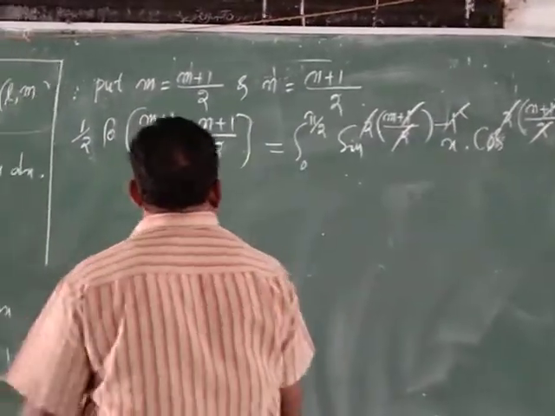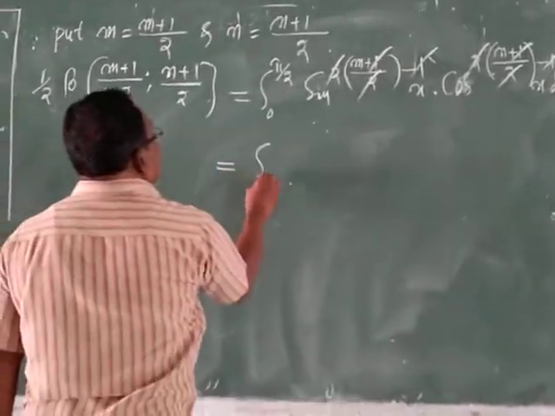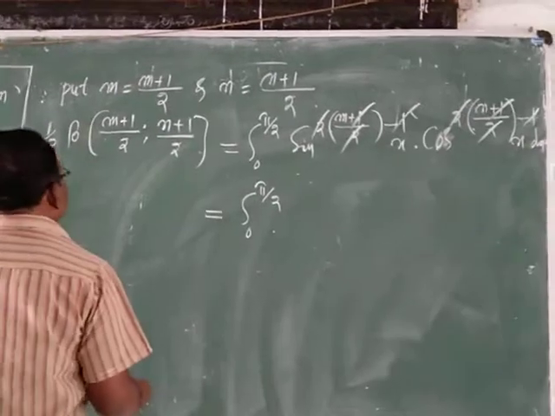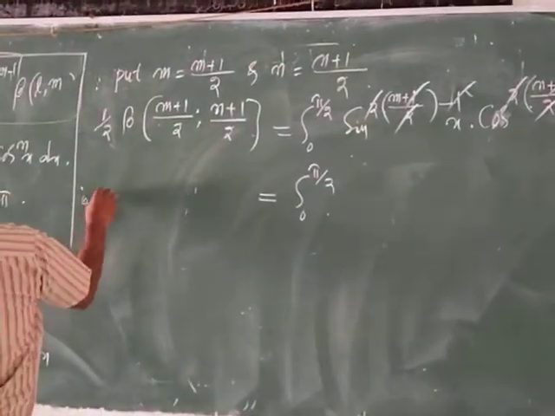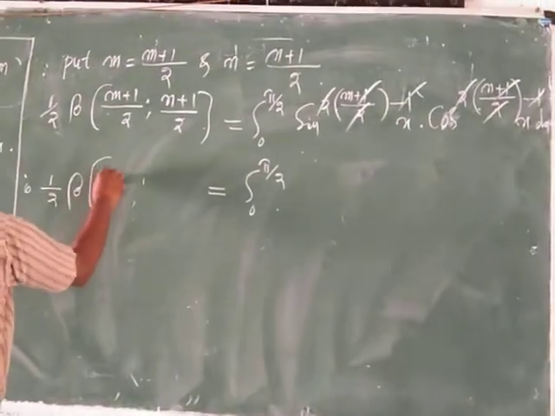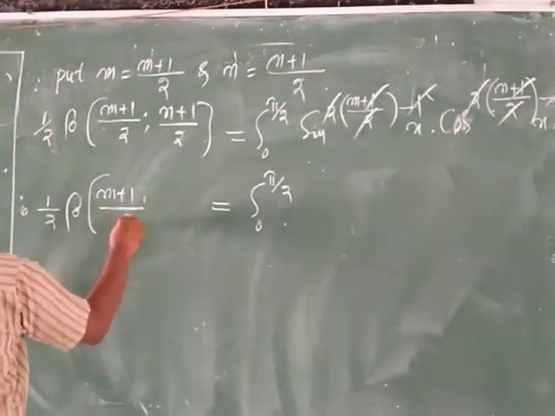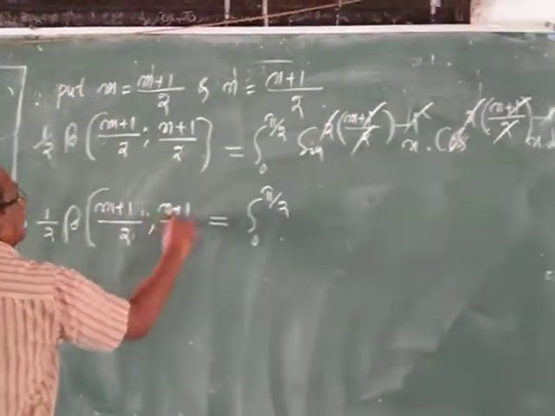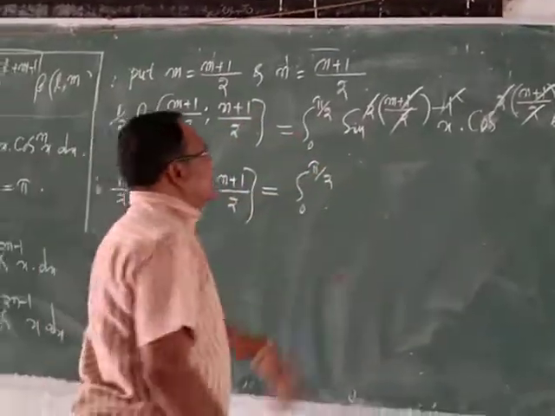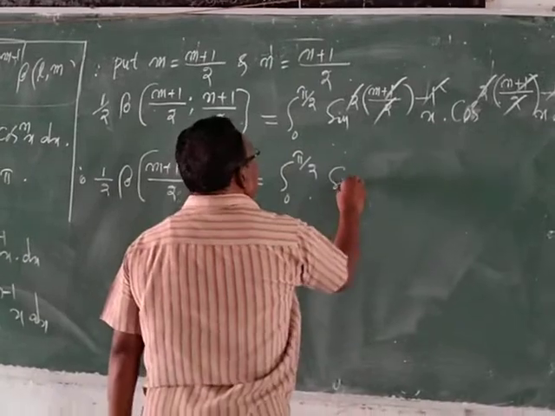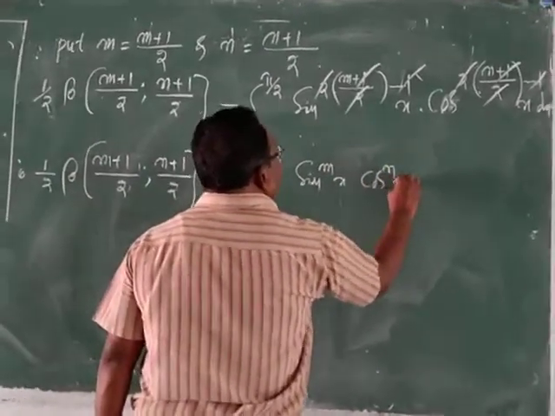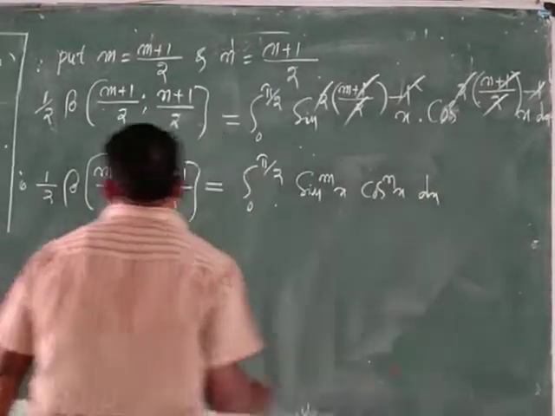What you are left with is half into beta of m plus 1 by 2 comma n plus 1 by 2 is equal to integral from 0 to pi by 2 sin to the power m x into cos to the power n x into dx.